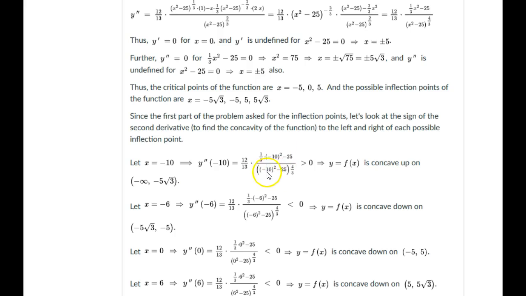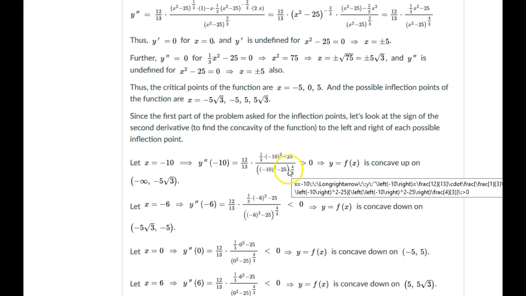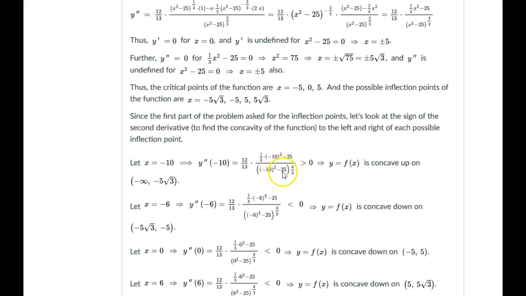That's positive, and this denominator will always be positive for the second derivative because I'm taking something to the 4/3 power. Take something to the 4th power in the numerator, that's always positive. So the denominator is always positive, so I just have to look at the numerator, and I see that that's around 33 1/3 minus 25, so that's positive. So that means the function is concave up on minus infinity to −5√3.